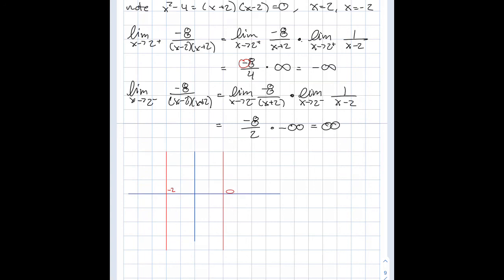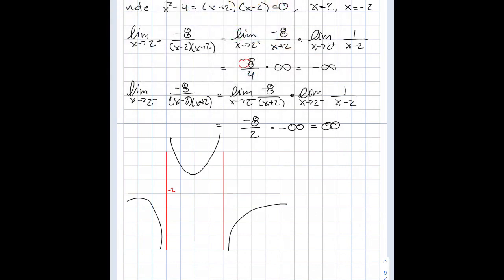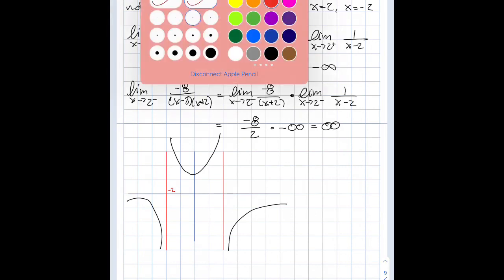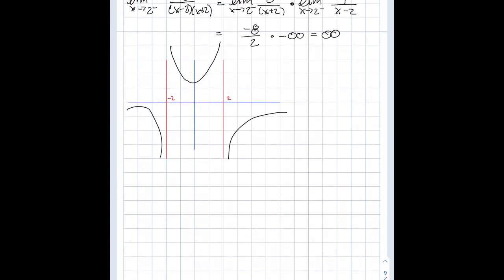So we're probably looking at something kind of like that. You can also go on and find horizontal asymptotes to help you see more of what the graph looks like. This is all foreshadowing of what we're going to be doing in the future and the more we're going to learn about properties of functions.